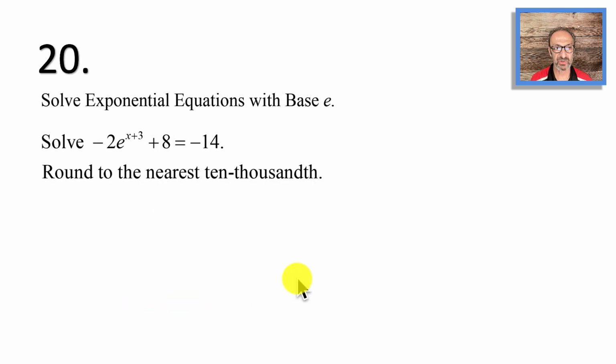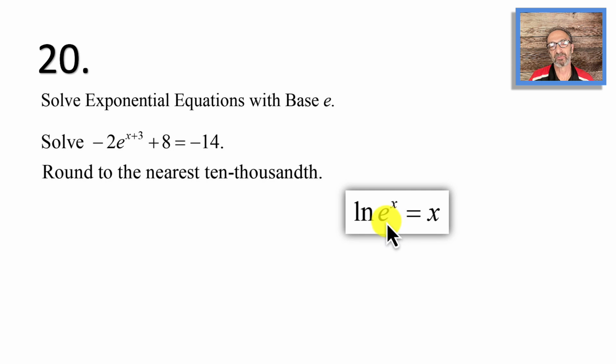solve exponential equations with base e. This is a little bit different, and we're going to round also to the nearest 10 thousandths. Here's the formula that we're going to be applying. Whenever you have e to the x and you want to cancel e, ln is the inverse function of the exponential functions with base e, so they cancel each other.